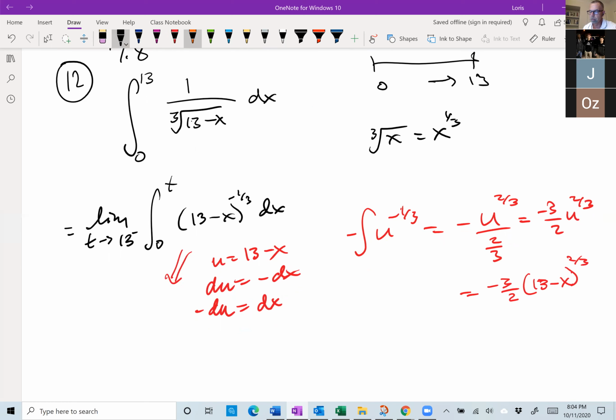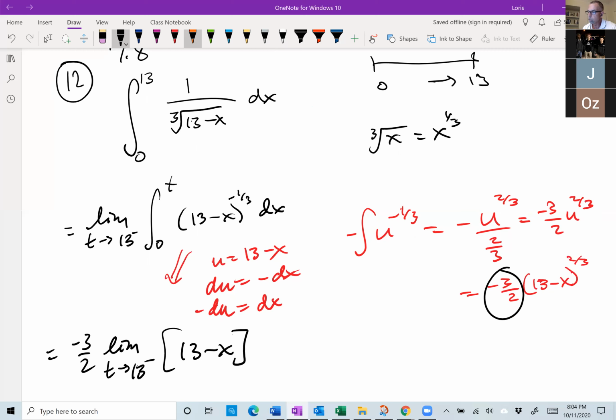Now this becomes the limit as t goes to 13 from the left of negative 3/2, which can come out front, times 13 minus x to the 2/3 power, from 0 to t.